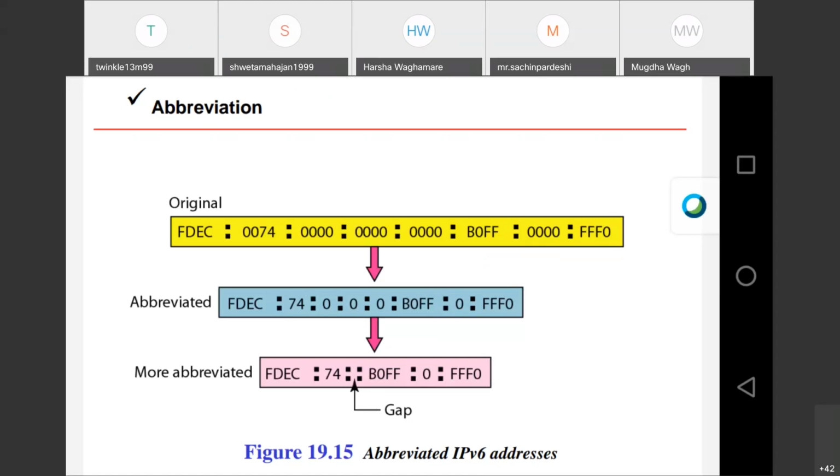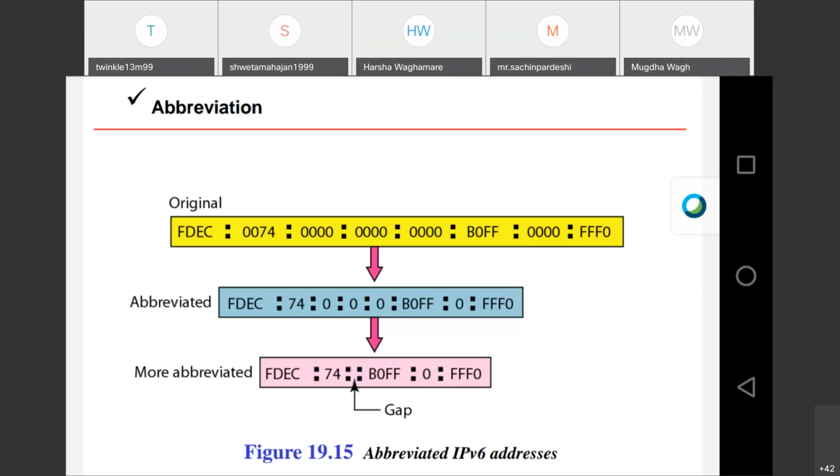Now, in a more abbreviated form, if there are continuous zeros, we can represent these continuous zeros by a gap. Like here, in the third, fourth, and fifth blocks you will find 0 colon 0 colon 0. So instead of these zeros, we can represent them by a gap.